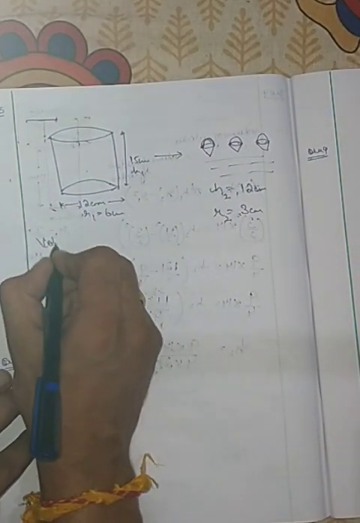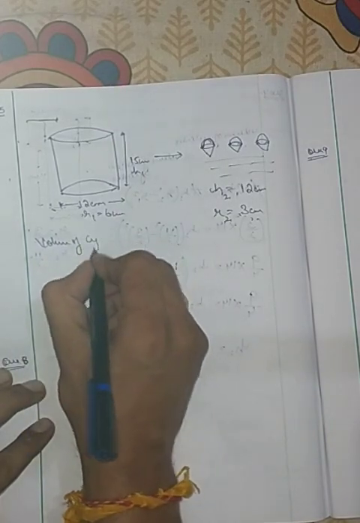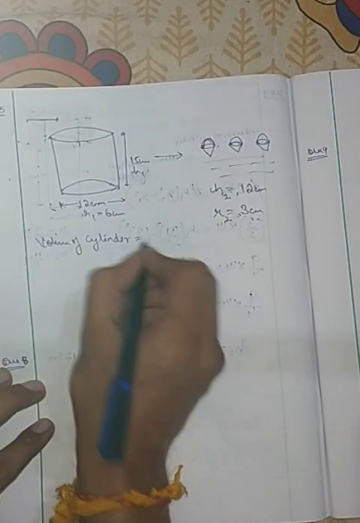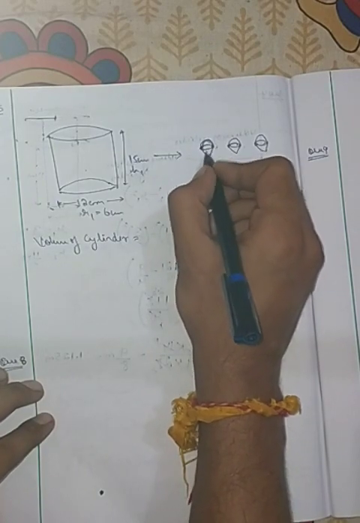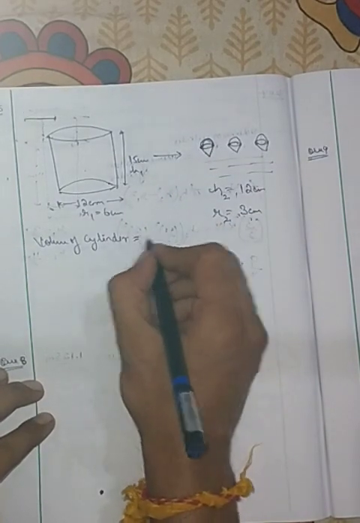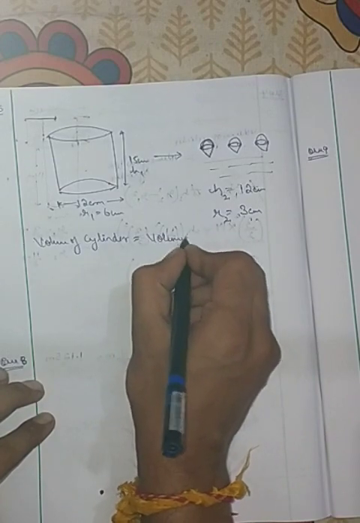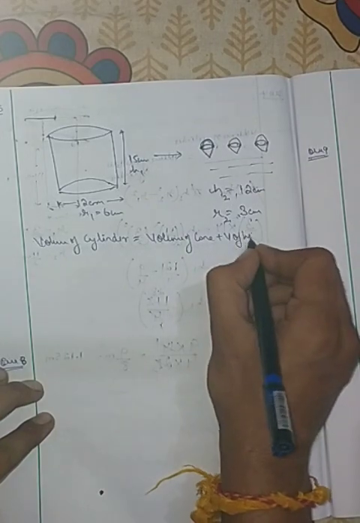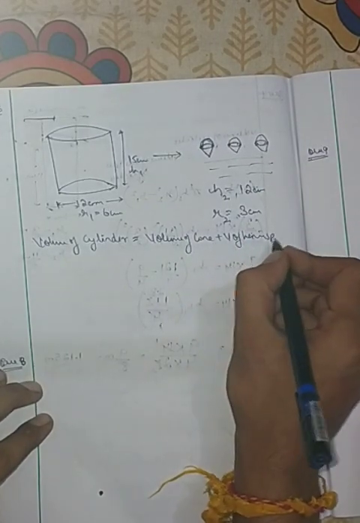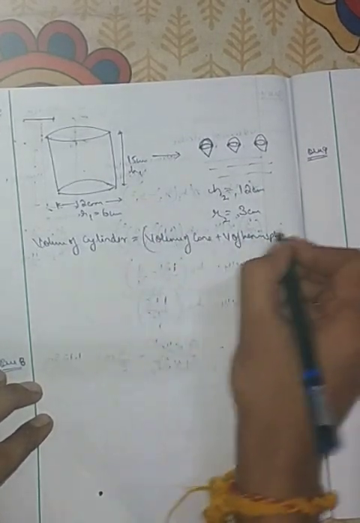Here we have the volume of cylinder. This will be equal to, here we have a combination of two solids. On the bottom we have a cone, on the top we have a hemisphere. So volume of cone plus volume of hemisphere. This is the volume of one cone.